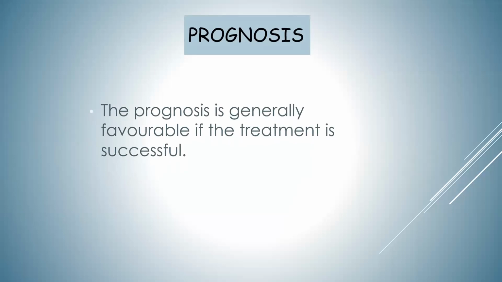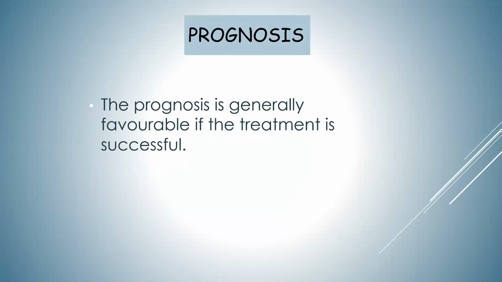Next, we have the prognosis, which is the outcome of a situation or a disease, or the chances of recovery or recurrence of the disease. Number one, the prognosis is generally favorable if the treatment is successful.